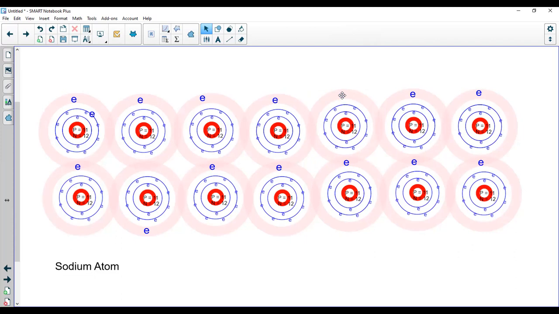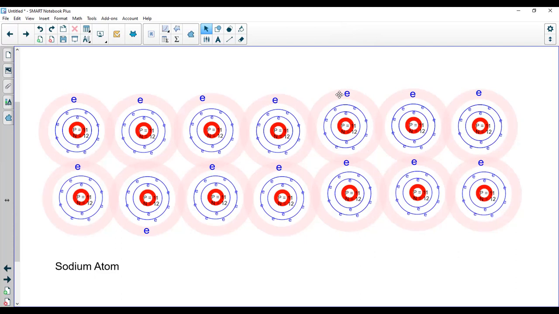Got it? The electron in the third orbit, the 11th electron of each sodium atom, is free to move anywhere. Got it? So this electron is free. All the others are bound, they cannot switch their nucleus.